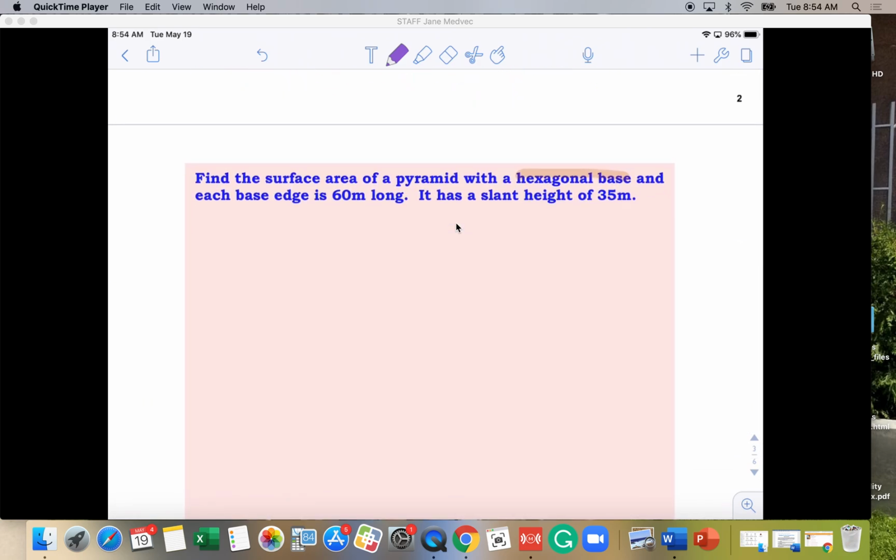We're going to find the surface area of a pyramid with a hexagonal base, and each base edge is 60 meters long, and it has a slant height of 35 meters. So an example would be, and I'm going to draw a picture because I think once you see the picture, it makes a little bit more sense. Here is your hexagon, and the base length, or the base edge, is 60 meters long.